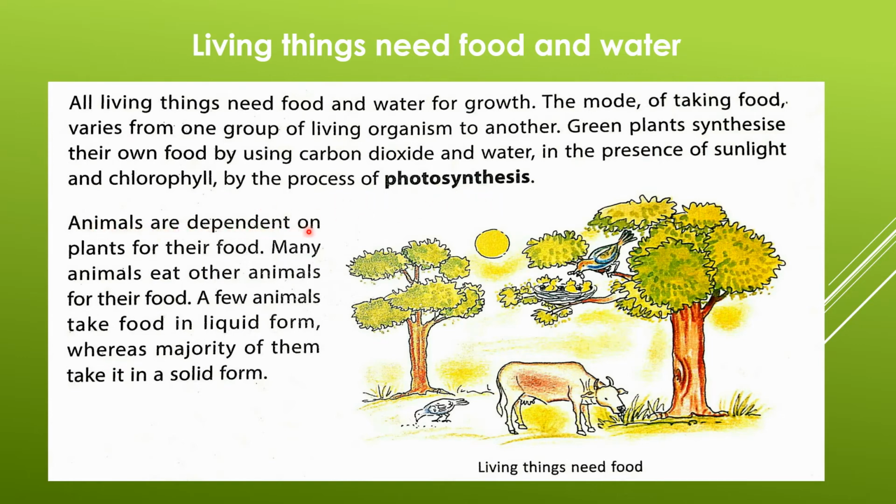Animals are dependent on plants for their food. Many animals eat other animals for their food. A few animals take food in liquid form, whereas majority of them take it in a solid form.